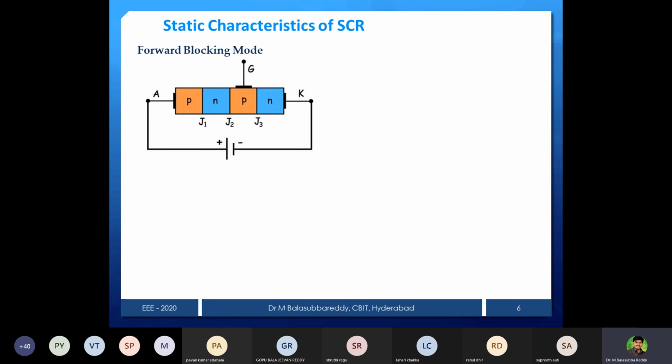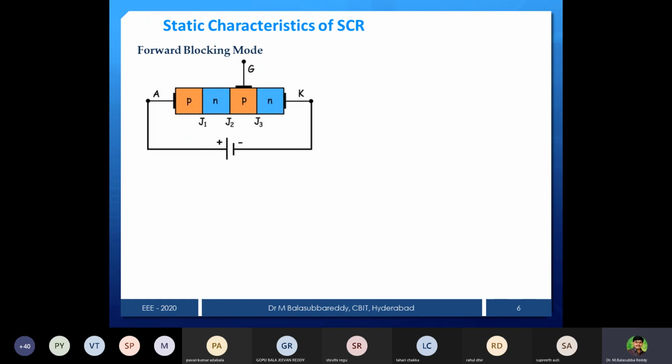If all the junctions break down, then I call it conduction. Otherwise, if any one of the junctions is reverse biased, meaning not open, then that mode I call a blocking mode. It means the device is in the off state only. To turn on the device, you must open all the junctions, or break them down.